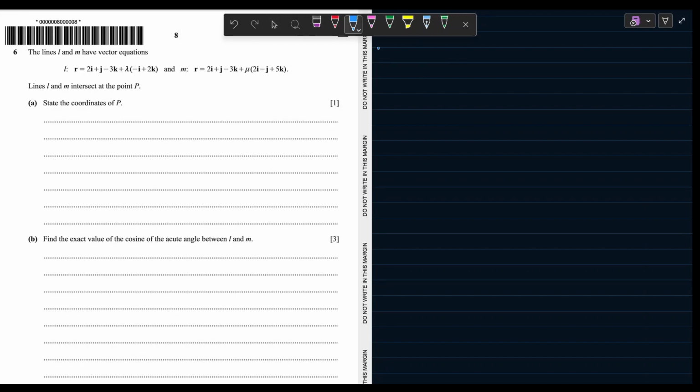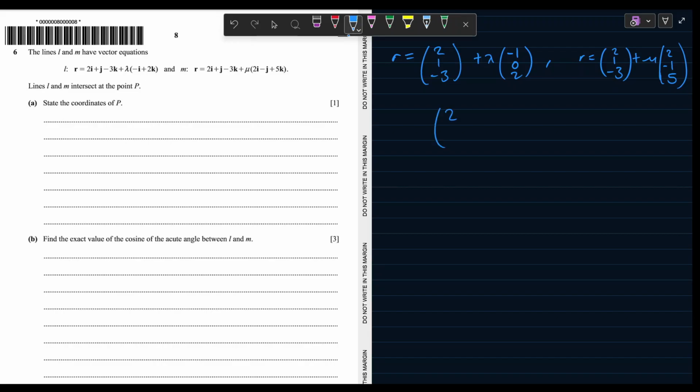I'm just going to rewrite these two equations in column vector notation. So r is (2, 1, -3) plus lambda times (-1, 0, 2). And then the other equation is r is (2, 1, -3) plus mu times (2, -1, 5). Okay. So these are the two equations, and we're told that they intersect, so we can write them in their component form.